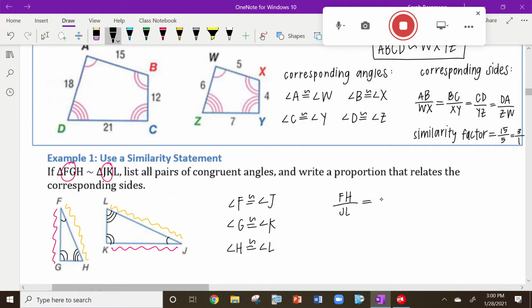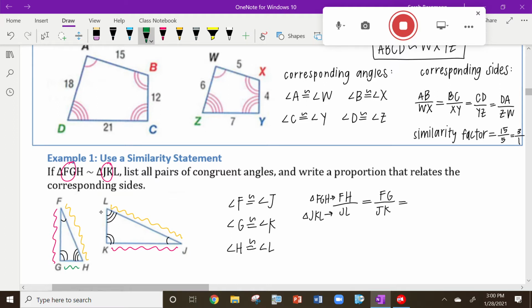Now you need to be careful which you put in the numerator and which you put in the denominator. Since I was using triangle FGH in the numerator, just like a proportion, I have to be consistent. I have to keep triangle FGH in the numerator. Similarly, I was using triangle JKL in the denominator, so I must keep triangle JKL in the denominator.